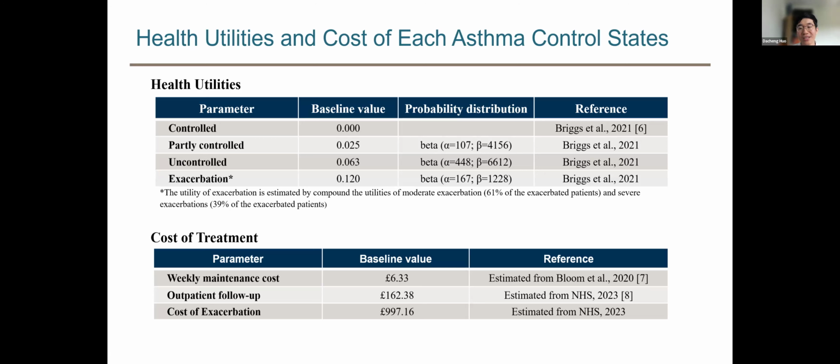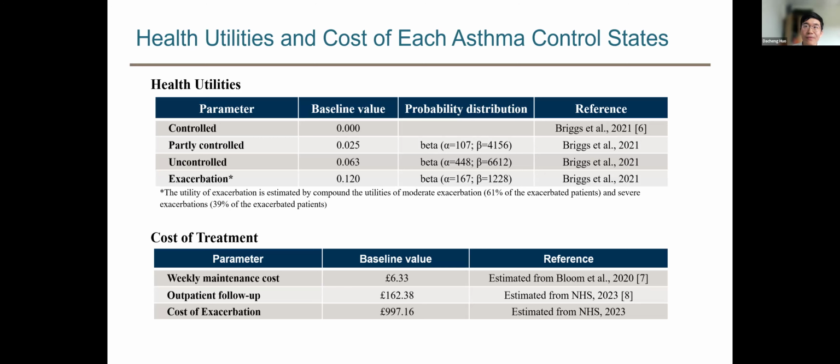To estimate these costs accurately, we need to understand what healthcare resource use patients get. For example, we look at what medications patients are prescribed, how often they need them, and what treatment they received during the exacerbation. Combining this resource use with current NHS pricing, we can estimate the total cost for each health state.